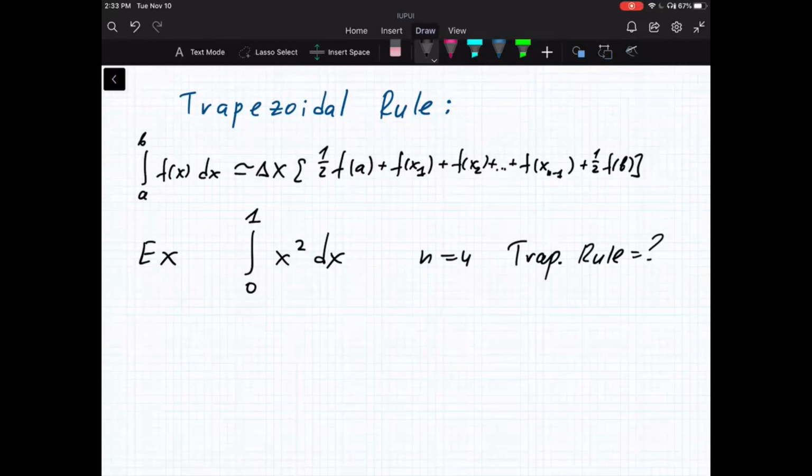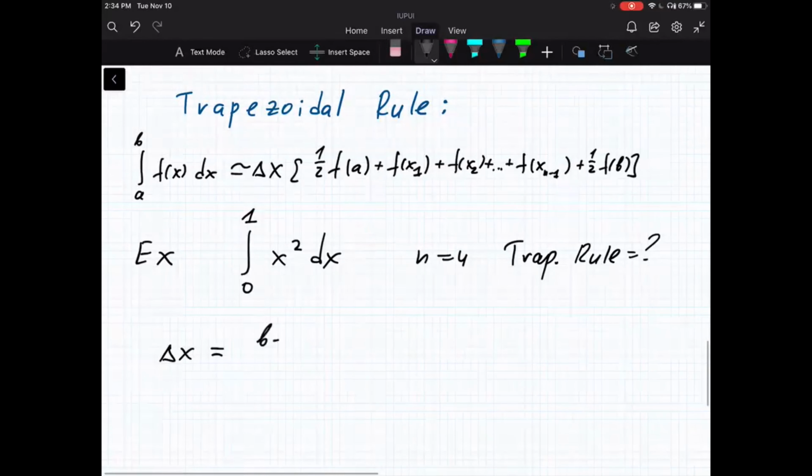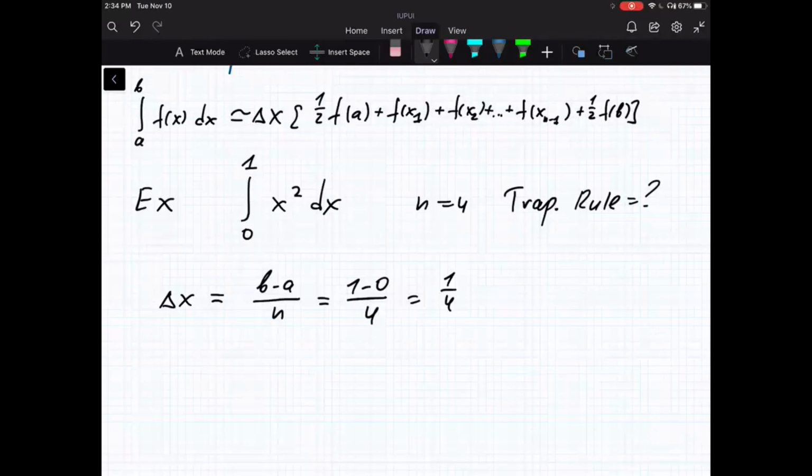So first of all, we need to calculate our delta x, which is the length of our subintervals. In general, it is b minus a divided by n, but in our case, it is 1 minus 0 divided by 4. So it's 1 over 4. Then the first point x0 is equal to 0.